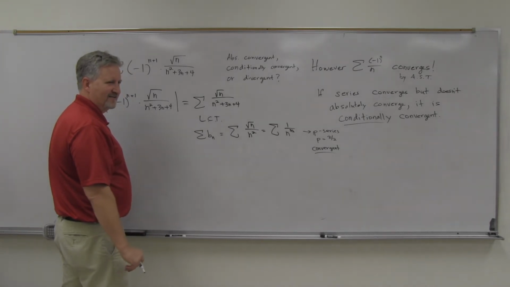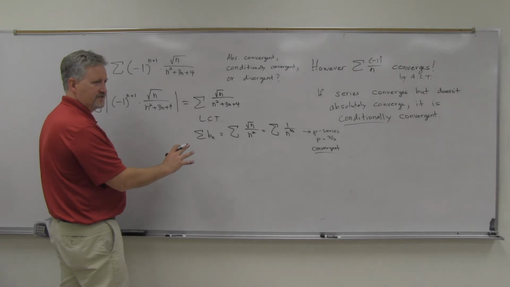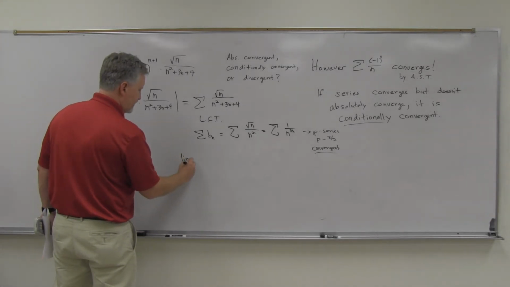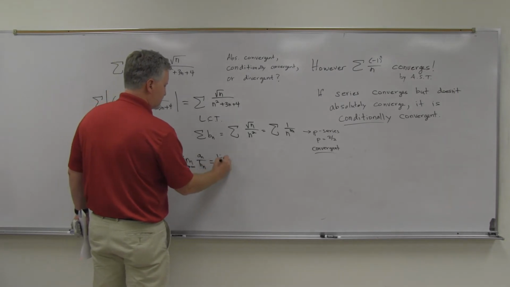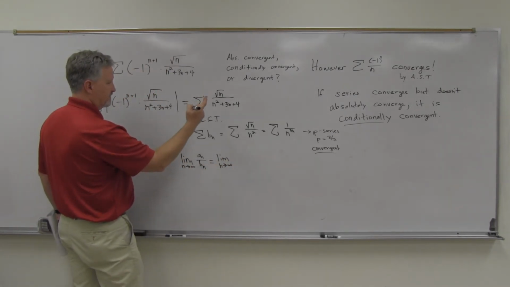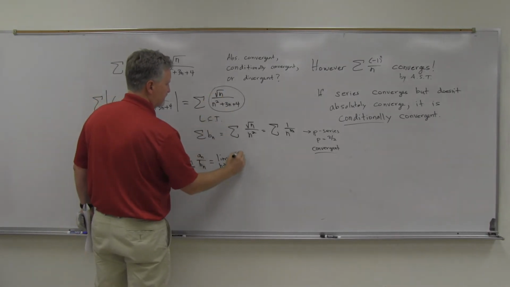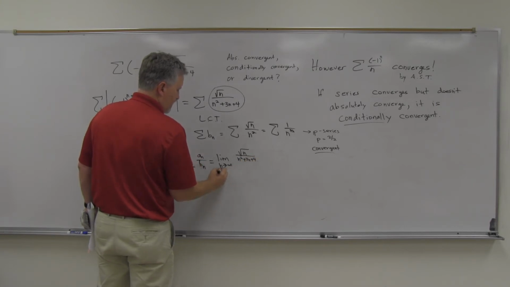There's another part to it, which is the limit of the A sub n. So that's the limit as n goes to infinity of A sub n, so this is A sub n right here, divided by B sub n.